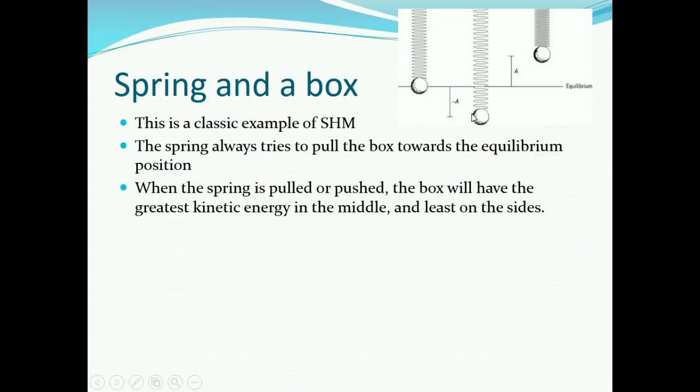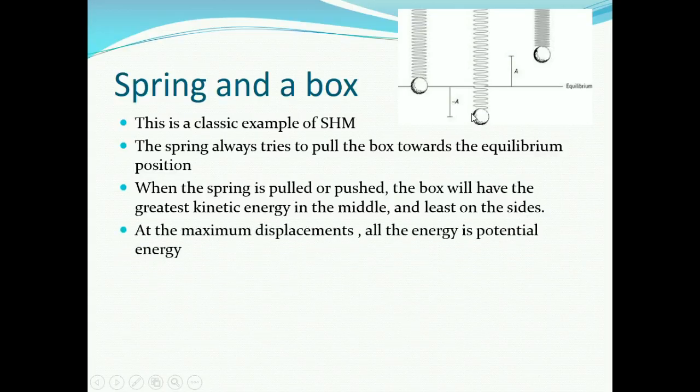This has a lot of potential energy. And then it'll go back, speed up in the center, and then move up to the top here. And again, it'll have the greatest potential energy because it's at the greatest amplitude. This little thing here just says that's the amplitude, the maximum displacement.